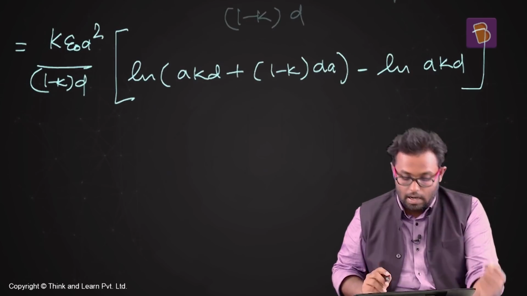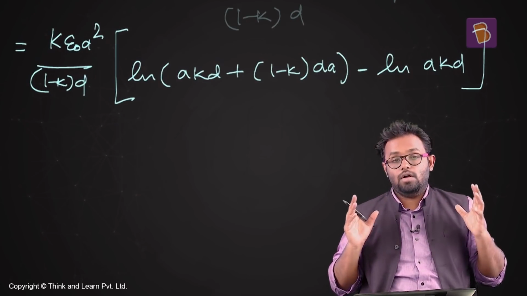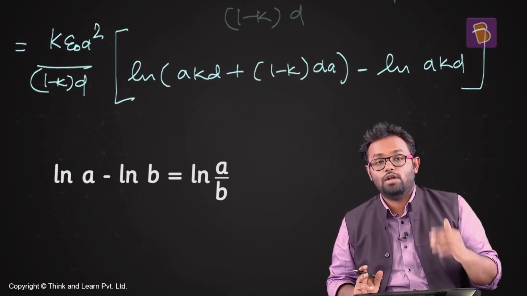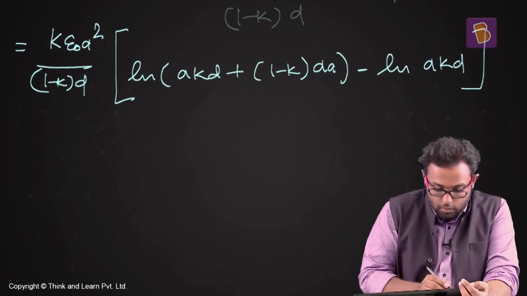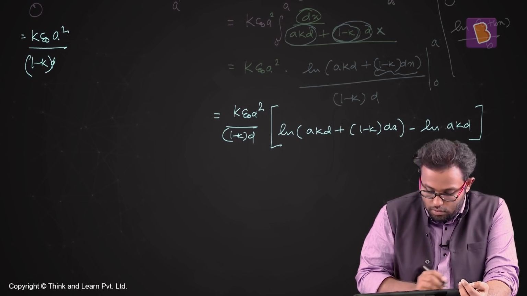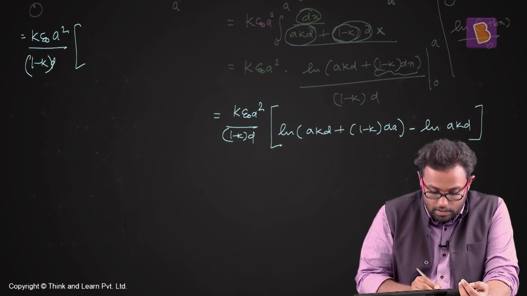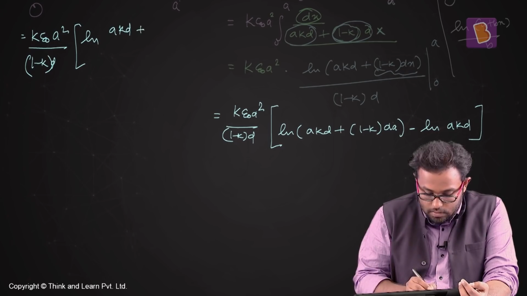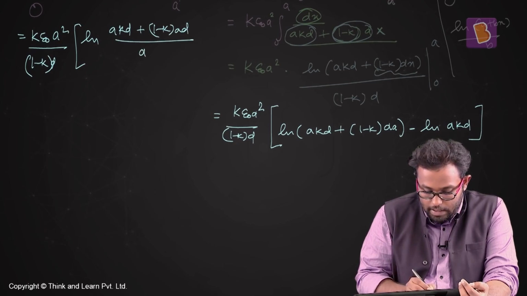Okay, now I know this very famous rule for logarithms, that ln a minus ln b is equal to ln of a by b. So I'm going to write this here: k epsilon naught a square upon 1 minus k d, which is the constant which I had out of everything, times ln of (a k d plus 1 minus k times a d) whole divided by a k d.